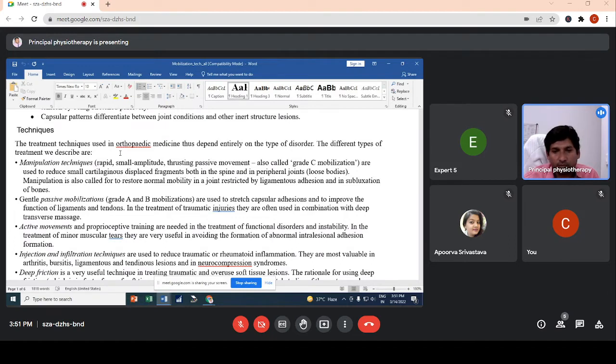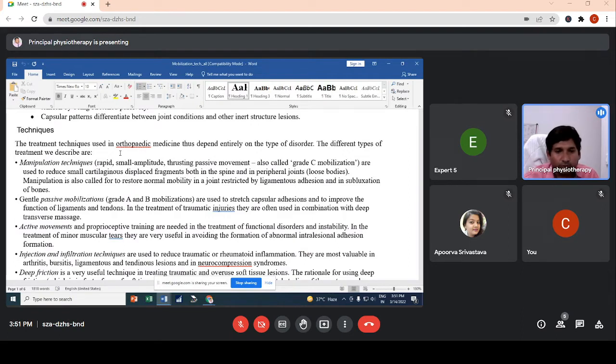There is a chance of stiffness in the joints, and also because of adhesion within the capsule, joint stiffness occurs, and both things are corrected with the help of passive mobilization.